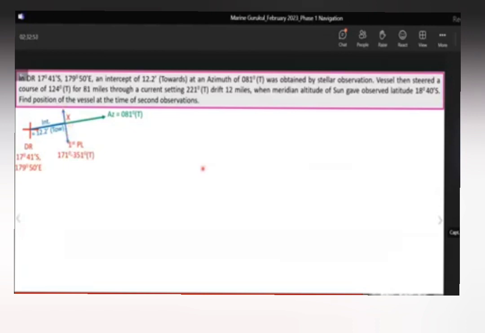We allow for current. So we take any point on the first PL, and obviously point X stands out by default, being the ITP. So we apply the ship's run from X. We apply this course of 124 degrees for 81 miles, and that gives us the point Y. Now all this plot is not to scale, it is rough plotting.